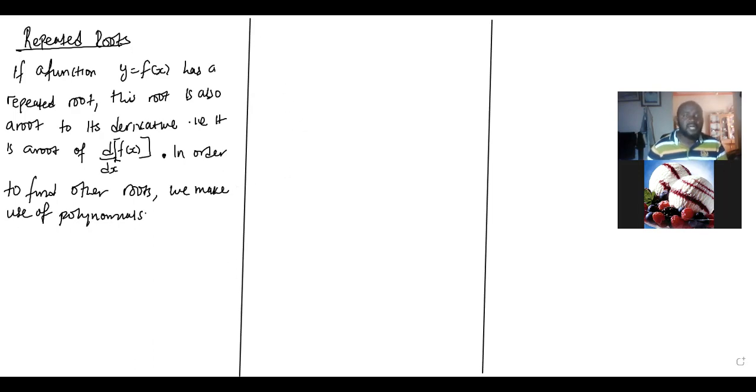So in case you have a function that is describing a graph, and perhaps this graph has a curve which has a turning point here, and somewhere here we have what we call a repeated root.